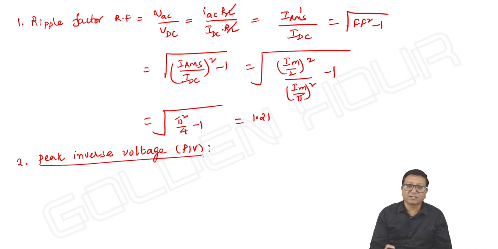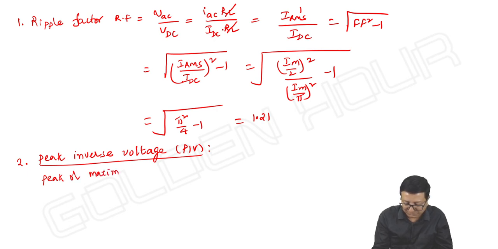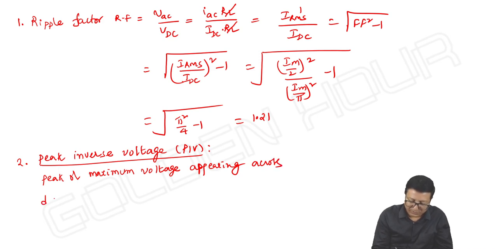The peak or the maximum voltage appearing across the diode under reverse bias condition.